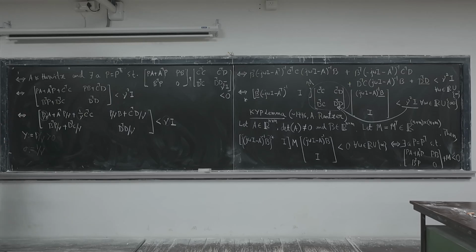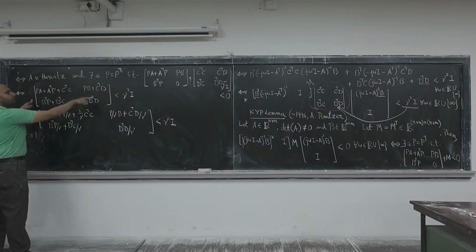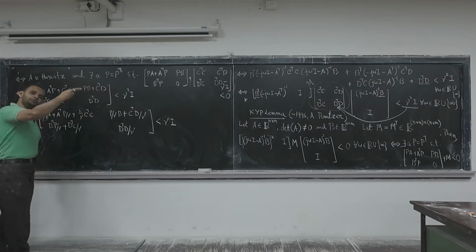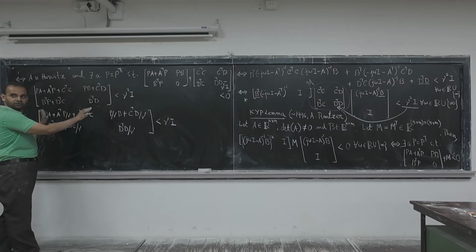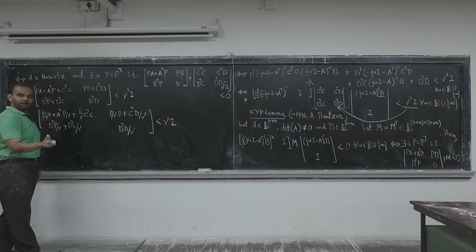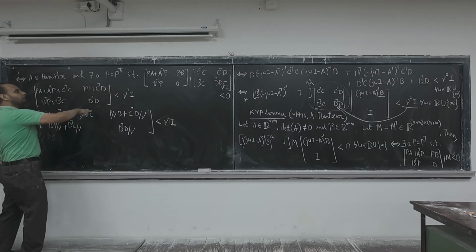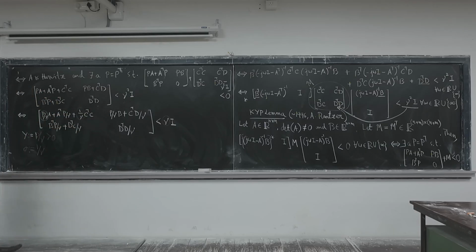You can also try, that is what I wanted to say. Now here you have a 2 cross 2 block matrix structure. It can be translated into a 3 by 3 structure as well, which would be further convenient. At this moment it is a 2 by 2 block matrix structure. By applying the Schur complement lemma, you can transform it into a 3 by 3 form as well.